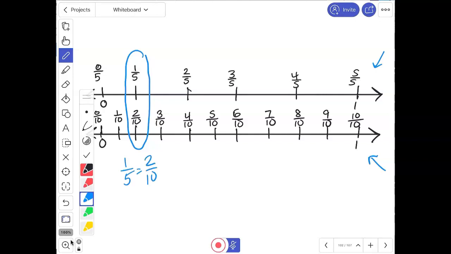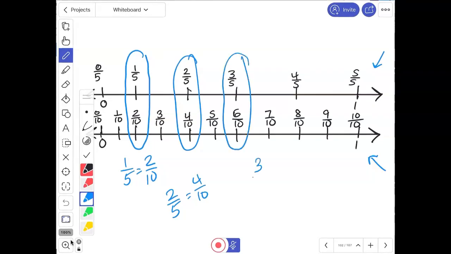I know they're equivalent because they line up perfectly. I also see these ones are equivalent. 2/5 is equivalent to 4/10 because they line up on the number line. 3/5 and 6/10 are equivalent. You might be seeing a pattern.